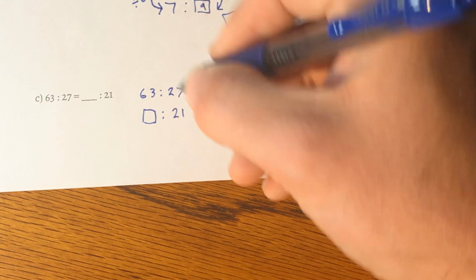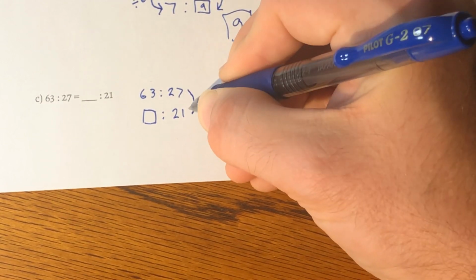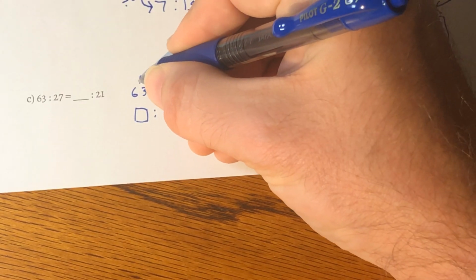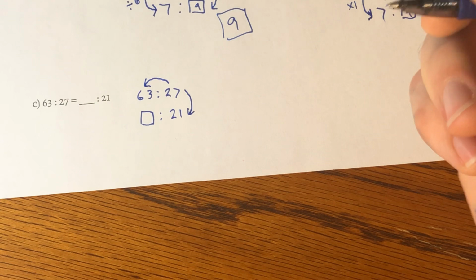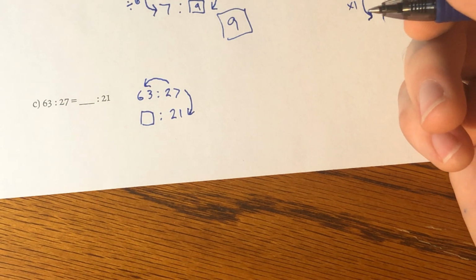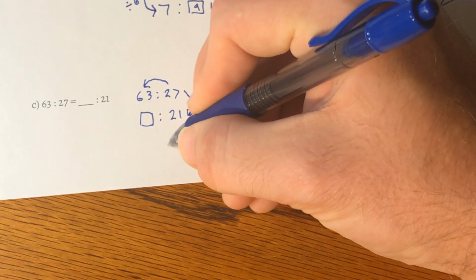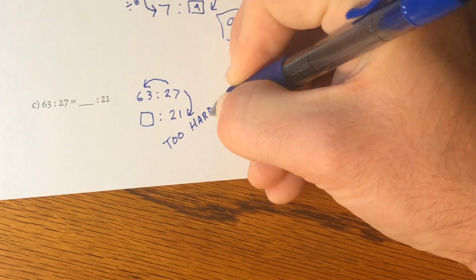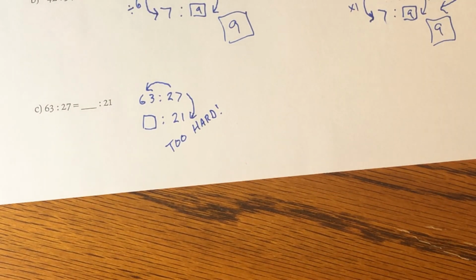No. Do I know how to go down from 27 to 21 using multiply or divide? No. Too hard. So, you have to simplify first.